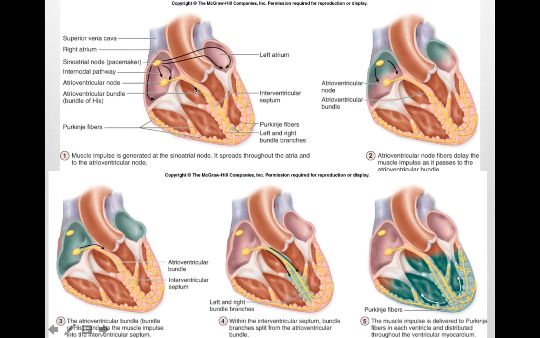Now, this is sometimes also referred to as the bundle of His. This is the way that I learned it. This is a more traditional term. Atrioventricular bundle is a new term. It's meant to define where that structure is.